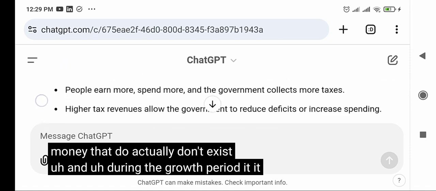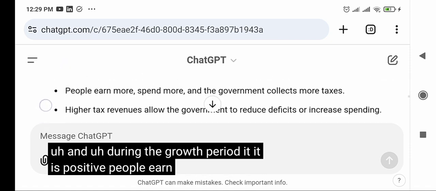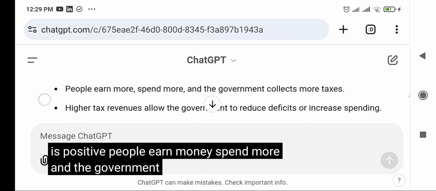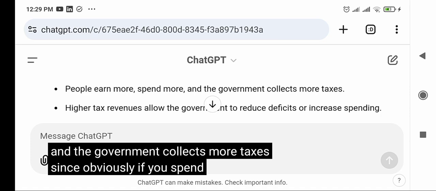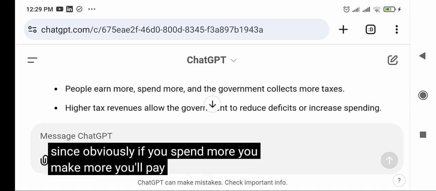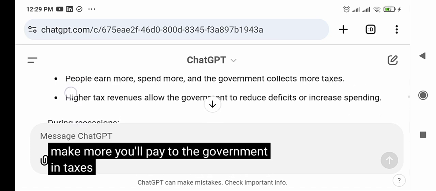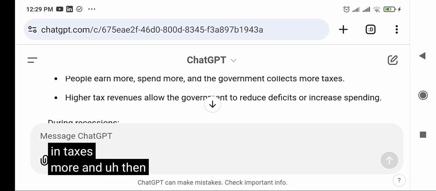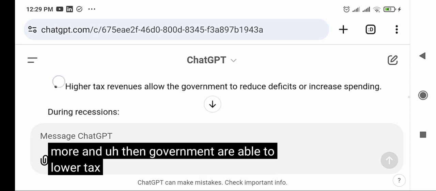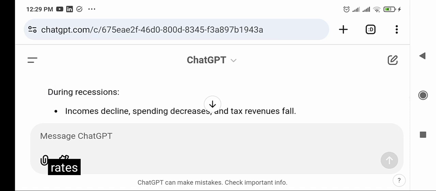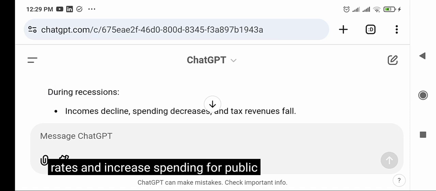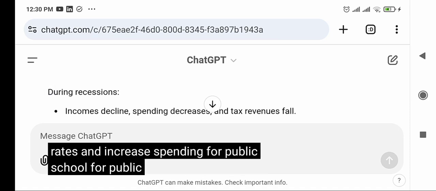During the growth period, it is positive. People earn money, spend more, and the government collects more taxes. Obviously if you spend more, you make more, and you pay the government more in taxes. Then the government is able to lower tax rates and increase spending for public schools, public projects and so on.